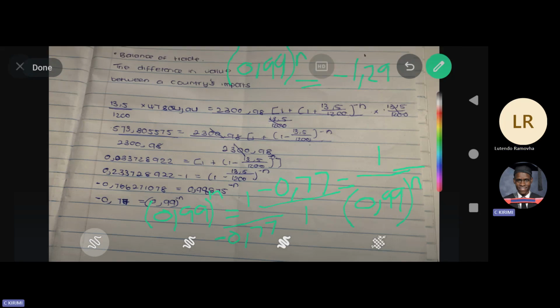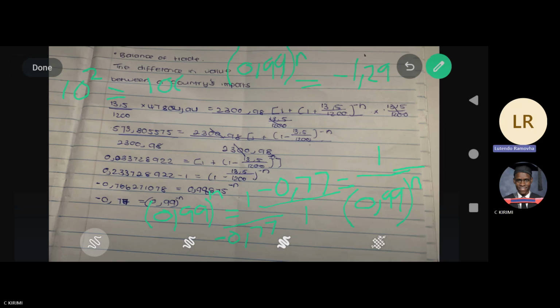Yes. So you use the laws of logarithms. For example, we do it like this. We say 10 to the power 2. My exponent is 2, which is similar to n. The base is similar to 0.99. It's the same as 100, isn't it?